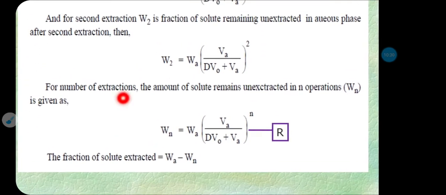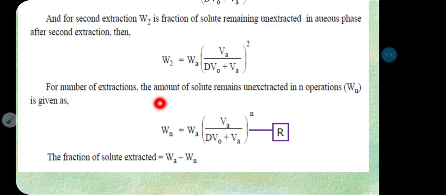Similarly, for n extractions, the amount of solute remaining unextracted in the nth operation is Wn. Then Wn is equal to Wa, initial concentration, into bracket Va upon D into Vo plus Va raised to n. This is your final equation.